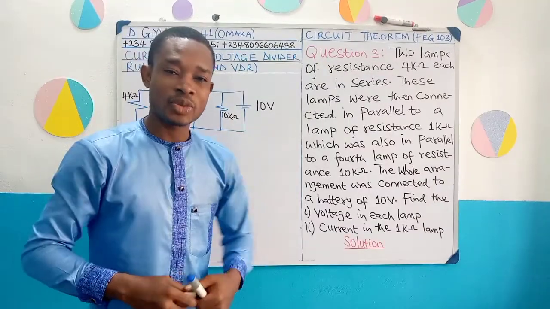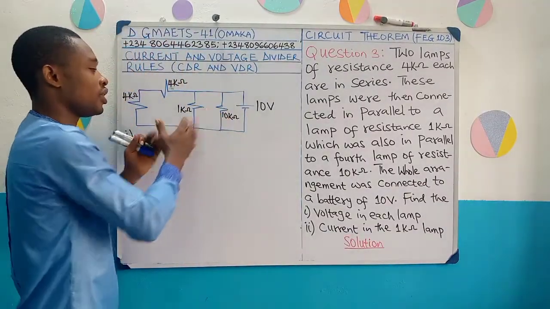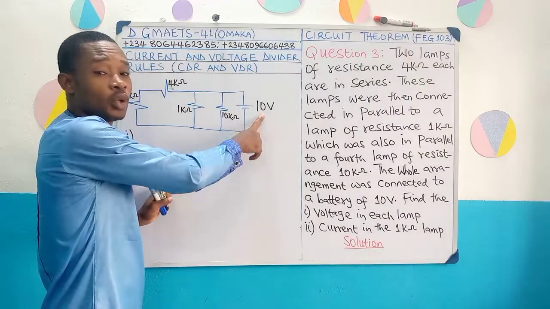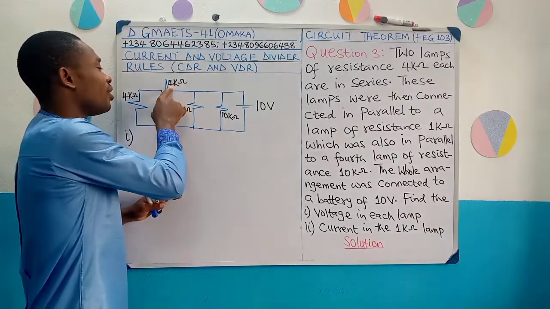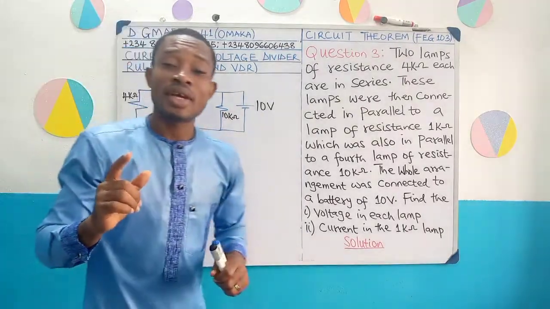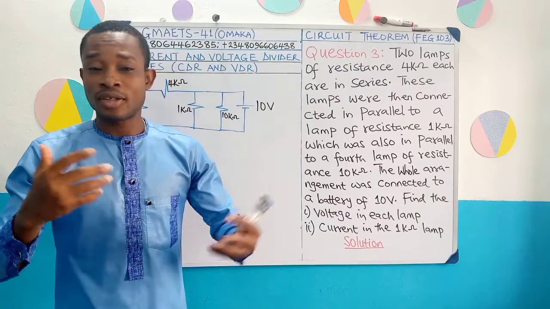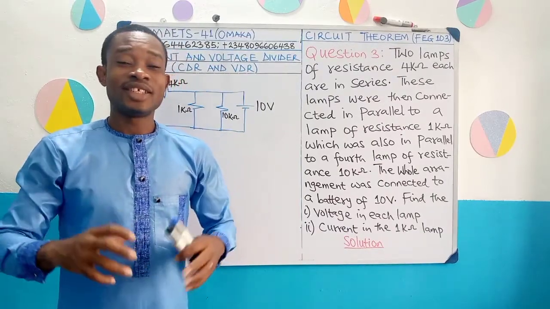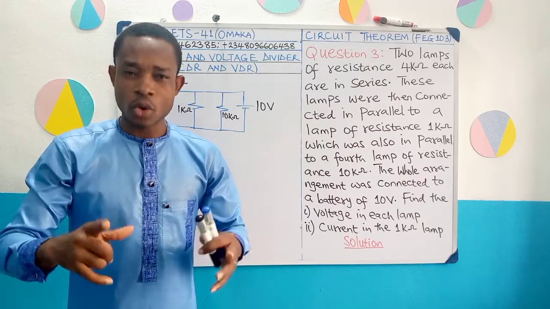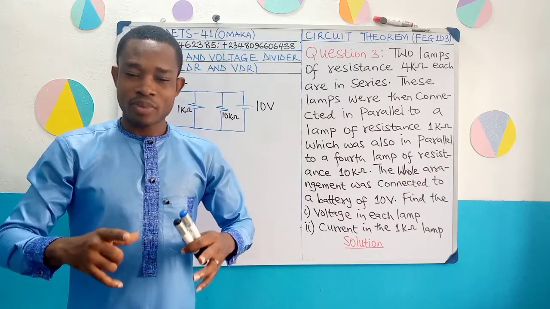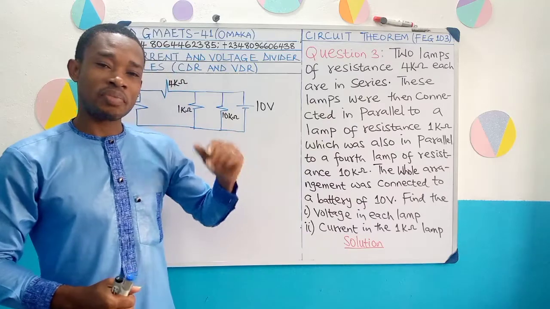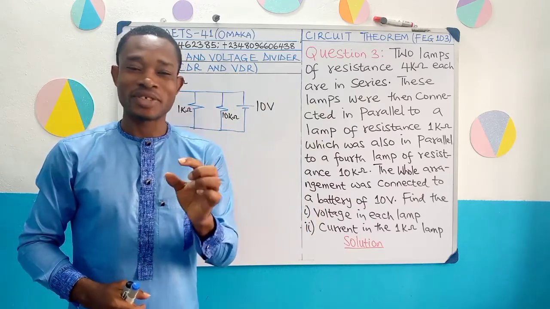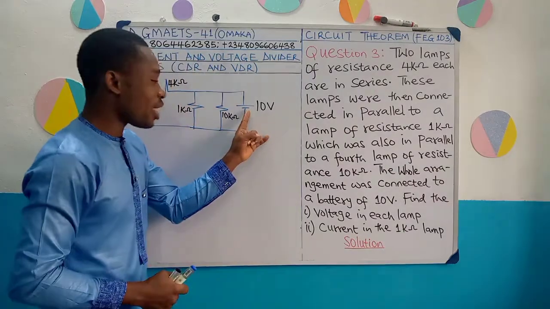Now, how do we handle this problem? Looking at the circuit here, the battery has a voltage of 10 volts. There is something we explained when we treated resistors arranged in parallel. We stated that they would have the same voltage. That simply means that for any resistor here in parallel with another one, they are going to have the same voltage. Now let us take a look at this battery.